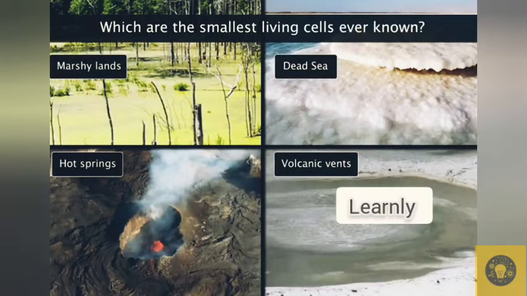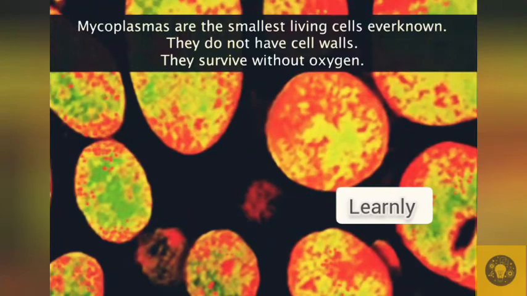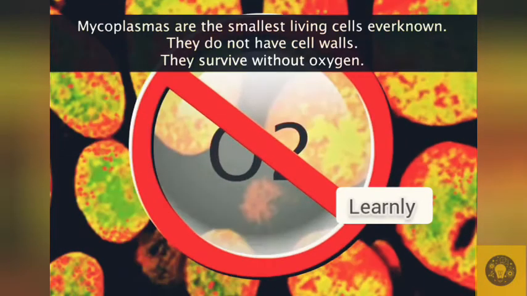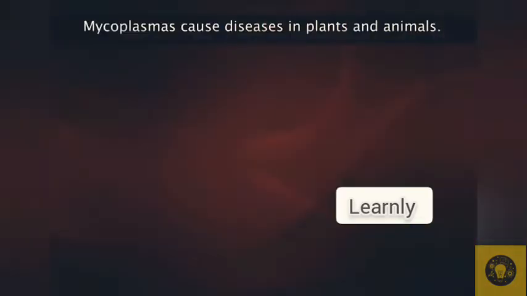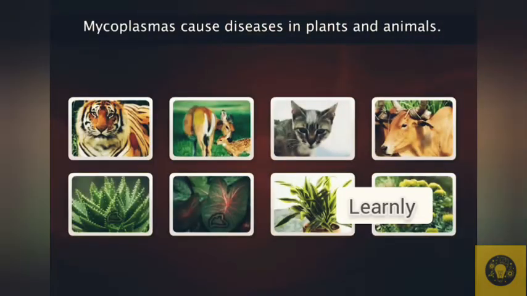Which are the smallest living cells ever known? They are mycoplasmas. They are grouped under eubacteria, but are devoid of a cell wall. They can survive without oxygen. Most of them cause diseases in plants and animals.